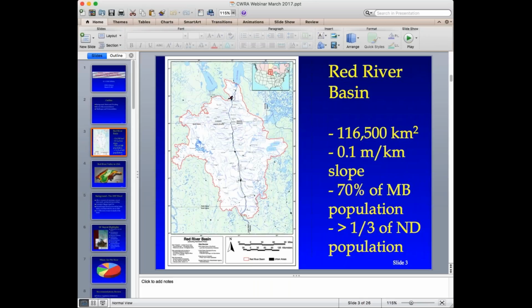Worked so well yesterday, Rick. There we go. Now we're seeing the basin. Okay. And it's full screen for you? Yes. You've got the thumbnails down the left.